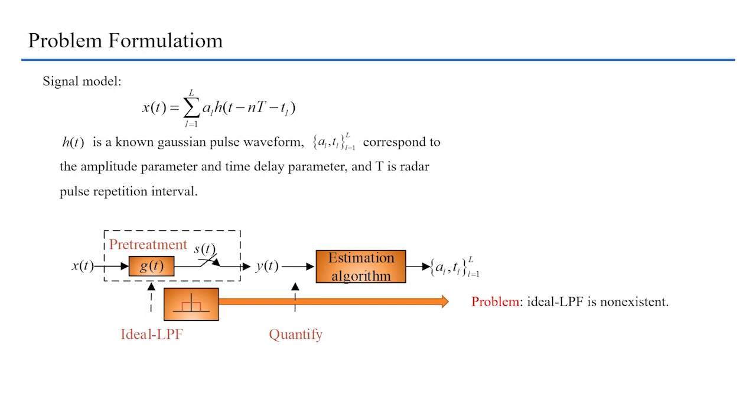We give an x(t) signal model, where h(t) is a known Gaussian process waveform. a_l and t_l correspond to the amplitude parameter and time delay parameter of the detected process respectively, and T is the radar pulse repetition interval.